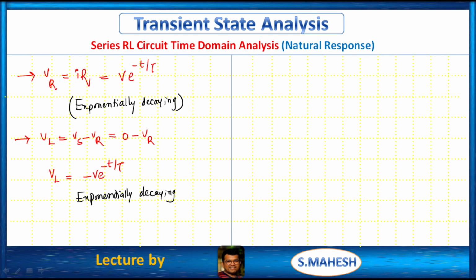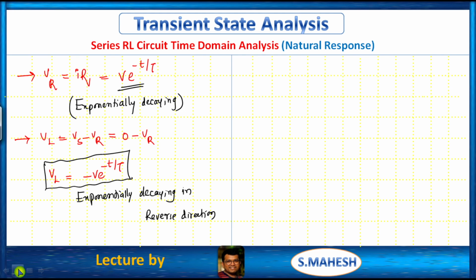We have a negative value, exactly the reverse of VR, exponentially decaying in the reverse direction.